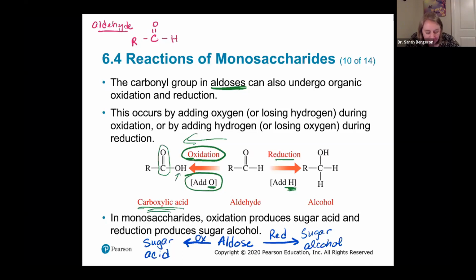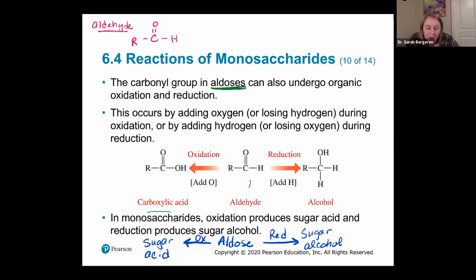If on the other hand, let me erase some of this. If on the other hand, it undergoes reduction, that means we're going to add a hydrogen. So if I just stick another hydrogen on there, I'm going to have to get rid of this bond. And then I end up with carbon surrounded by hydrogens and then an OH group, and that is an alcohol.